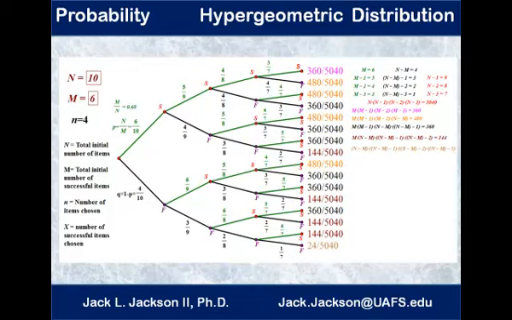So notice for the numerator there, we're multiplying M times M minus 1 times M minus 2, and then multiplying by capital N minus capital M, which is 4, the number of non-black balls, in this case red ones. So in this case we're multiplying 6 times 5 times 4 times 4, and that turns out to be 480. So that's the numerator there.